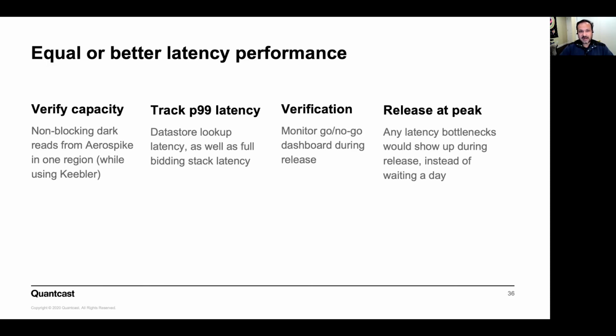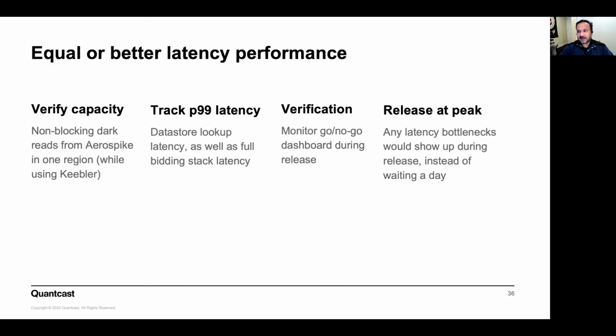We track our 99 percentile latency quite well. We would track it for data store lookup, and we also made sure that the full bidding stack latency did not go up for any reason when we did a release. We had a very good set of metrics which gave us a very strong indicator if there were any regressions during any of our releases, and we used that dashboard extensively at each release to make sure nothing was breaking.